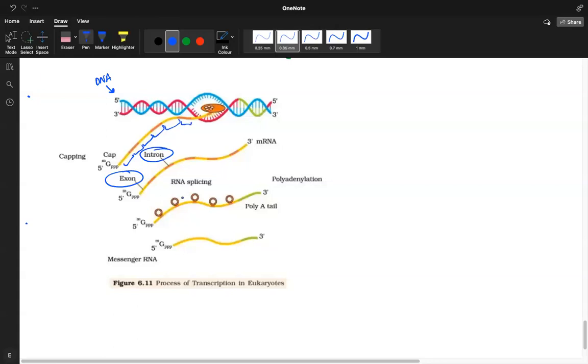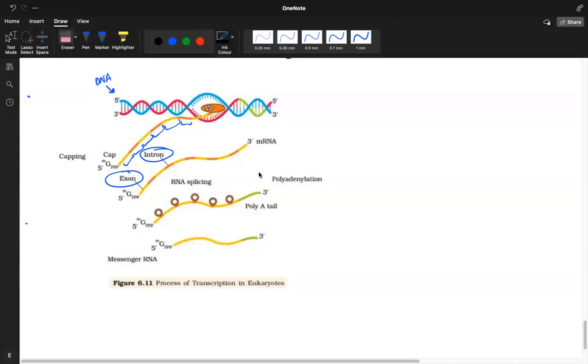So how are they removed? They are cut at two edges and then converted into a round circular RNA. And then whatever is left is all the exons, and that is stitched together. All the exons are stitched together. So here you can see everything is yellow, no orange. So no intron is present. All introns have been removed.